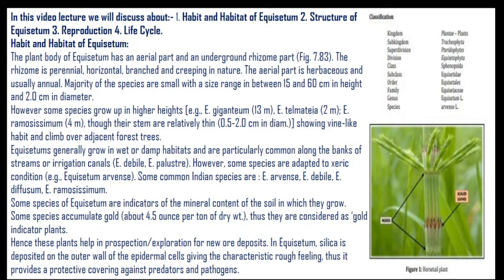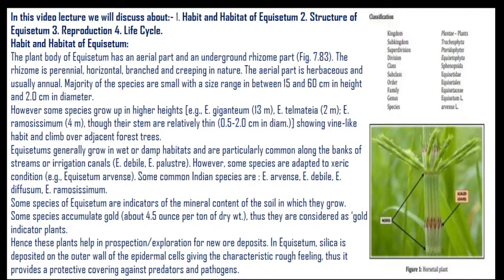It generally grows in wet or damp habitats and is particularly common along the banks of streams or irrigation canals. Sometimes the species of Equisetum are indicators of the mineral content of the soil in which they grow.